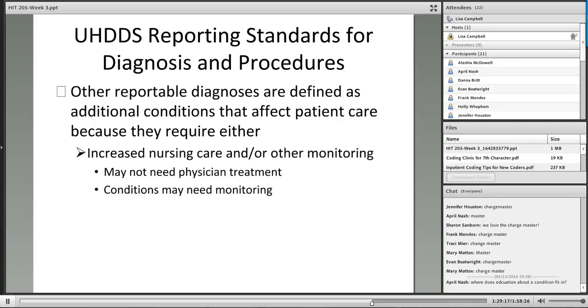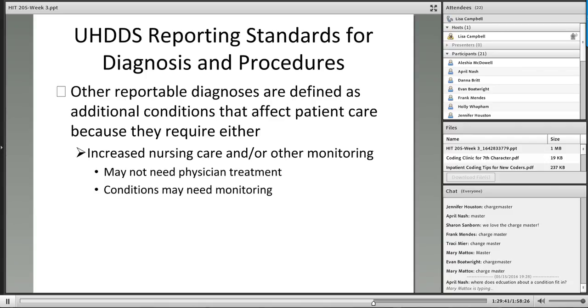Increased nursing care. What do we mean by that? Well, more medications. Additional nursing care that is required during the hospital stay.